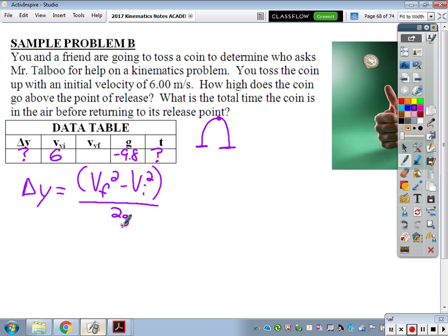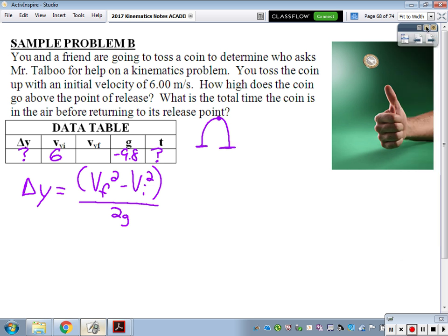If we were to actually use the V final, see if you remember this, because we don't take into account air resistance at this point. What would the V final be if we let this go all the way back to our hand? If we're talking about the impact velocity back in the hand. We launch it up with a velocity of 6, comes back to the same height. What should it be back in your hand? 6. -6. Okay? Now, don't use that though.